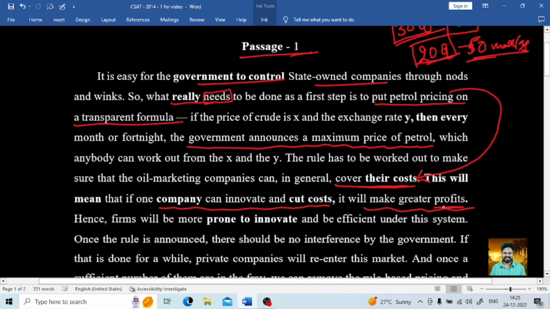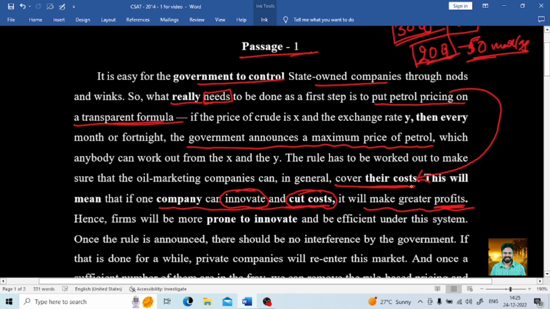When the oil producing companies are going to make profit, when the oil producing companies do some innovation and cut their cost of production, they will cut their cost of production when petrol pricing gets a transparent formula. Getting the connectivity? So oil marketing companies are going to make profits, and they will make profits by cutting cost.